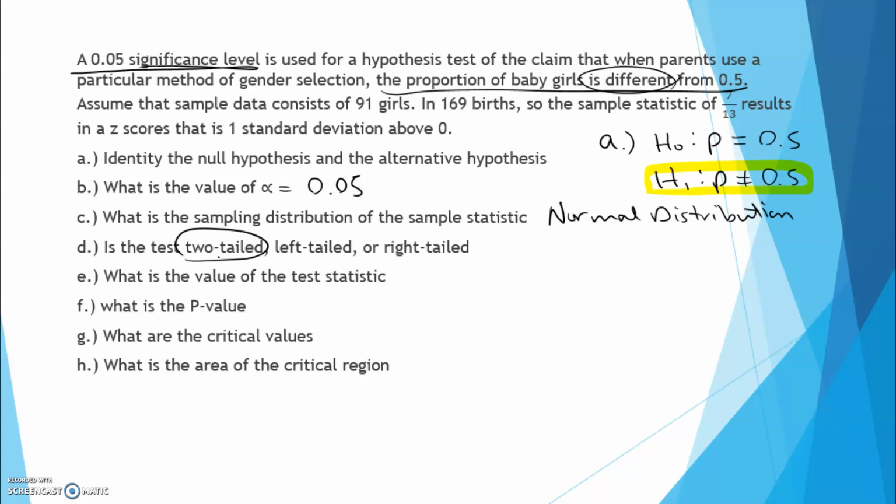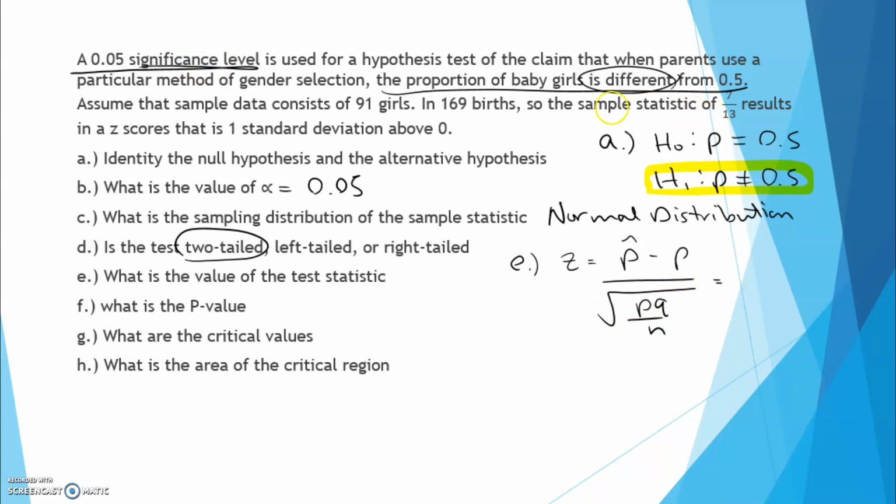Okay, what is the value of the test statistic? It says the sample statistic of 7/13 results in a z-score that is 1 standard deviation above 0. There are two ways you could approach this, an easy way and a harder way. Since we are looking at proportion, we could use z equals p hat minus p over the square root of p times q divided by n.